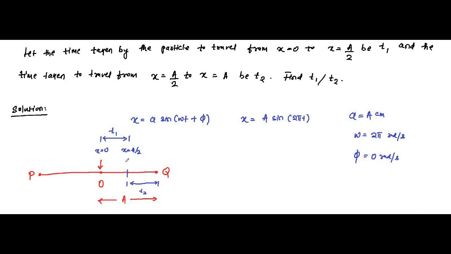This is A by 2 and this is A finally, and this is 0. So we have to find the ratio between t1 and t2.